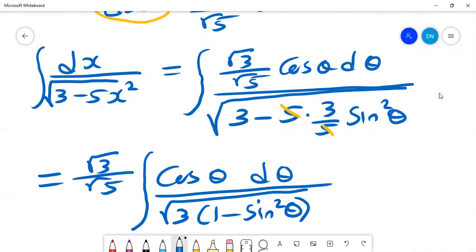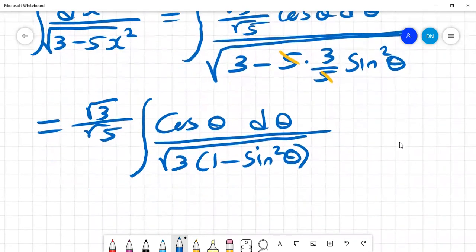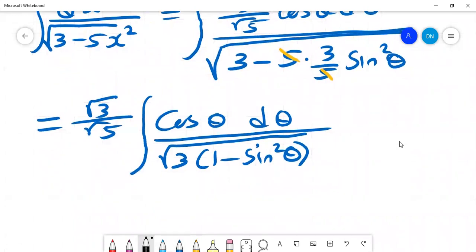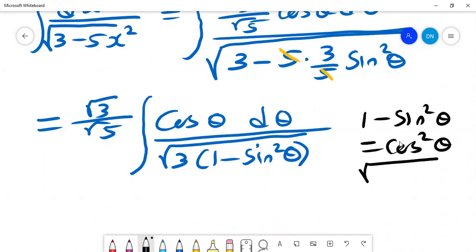And 1 minus sine squared theta is cos squared theta, and it is under a square root. So that's what I want us to remember: 1 minus sine squared theta is equal to cos squared theta. And so the square root of cos squared theta is equal to cos theta.